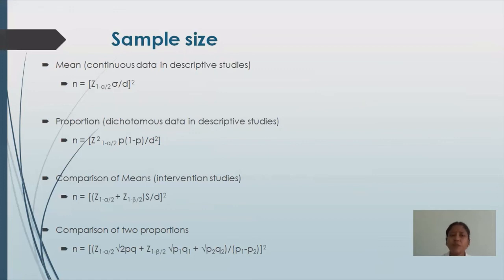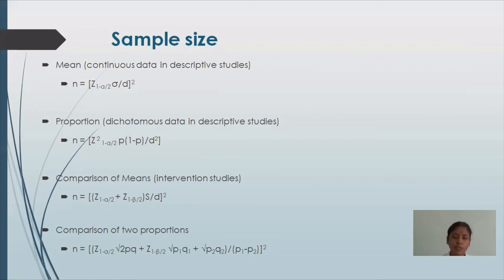For example, if you are dealing with continuous data or dichotomous data, based on the nature of the data, we can calculate sample size. So if we are estimating means, then the sample size calculation is different, and if we are involving any proportion, then again the sample size calculation will be different. And we can also compare different means in terms of intervention studies, or we can also compare two proportions.